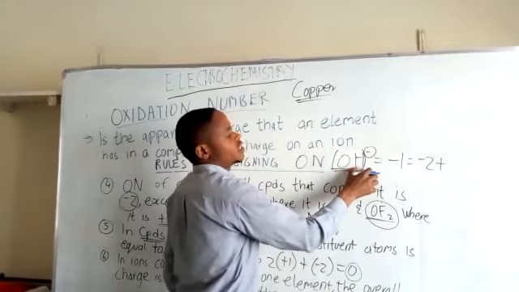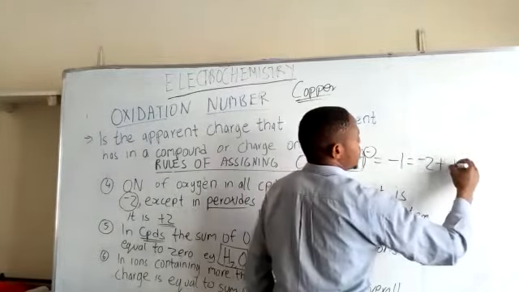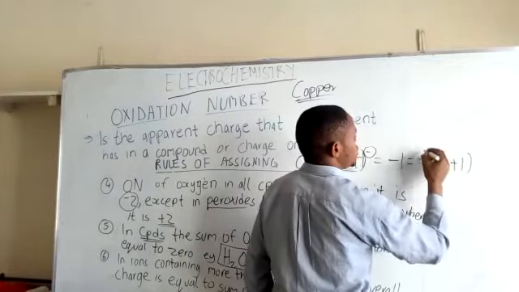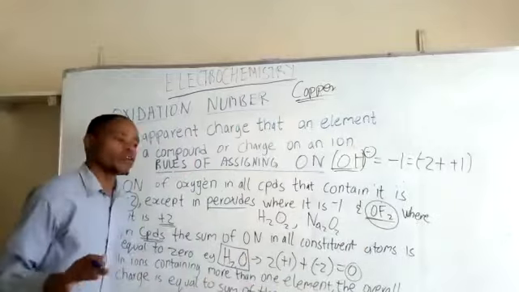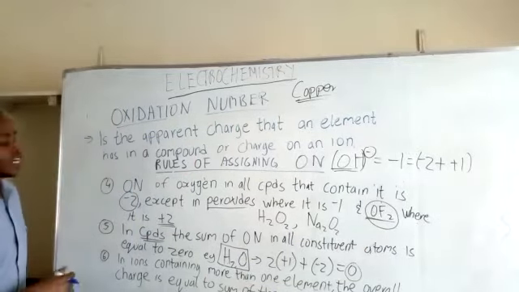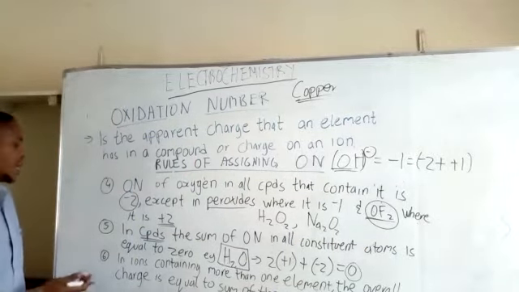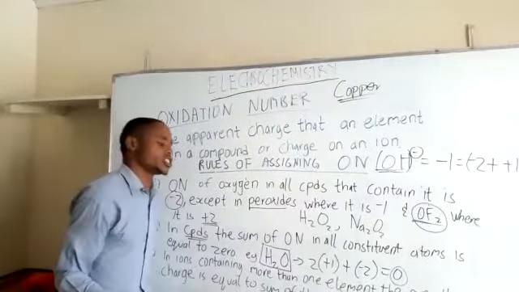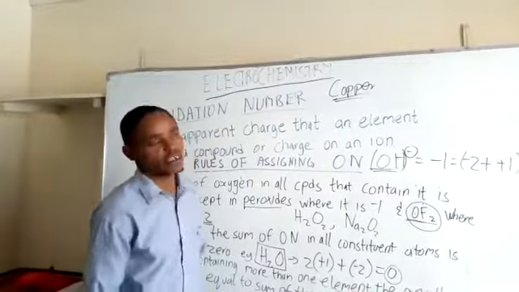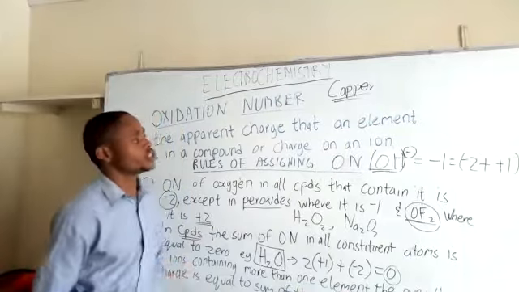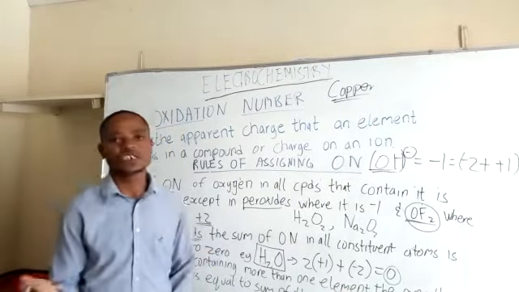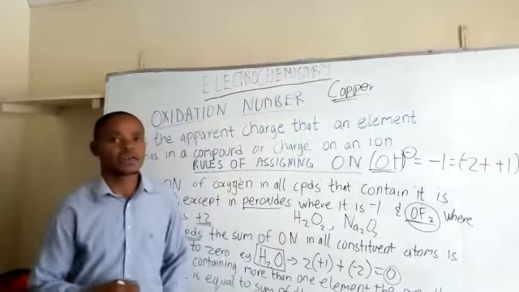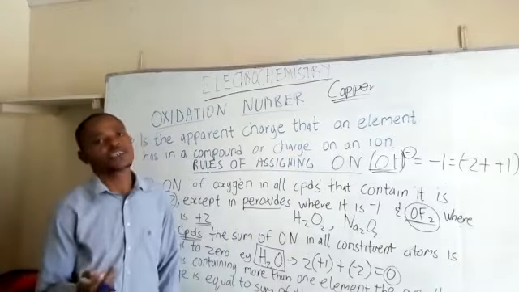Hydrogen has an oxidation number of +1. So when you work that out, it will give you -1. So the oxidation number of an ion is equivalent to the sum of the oxidation numbers of the constituent elements. Next, we're going to do a few examples of calculating the oxidation number using our 6 rules.